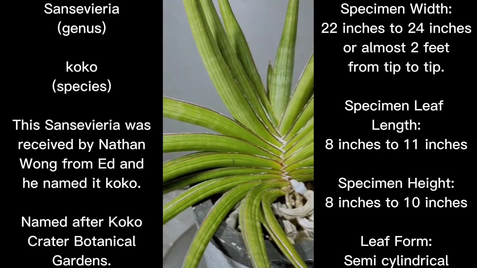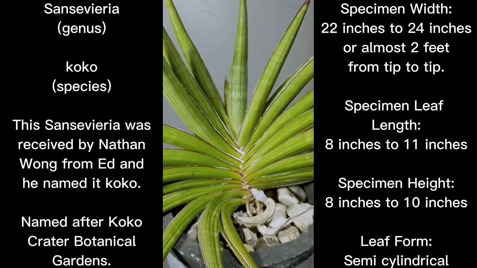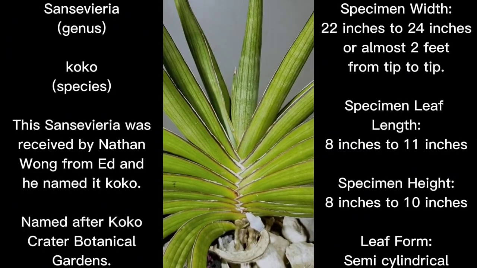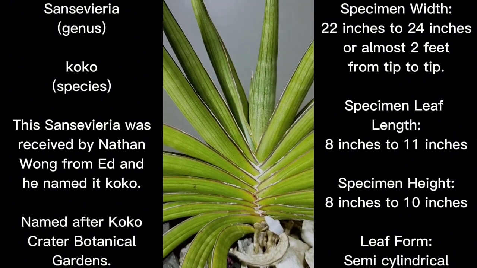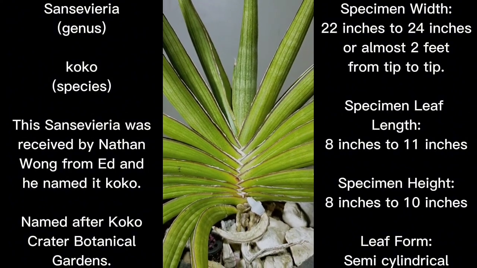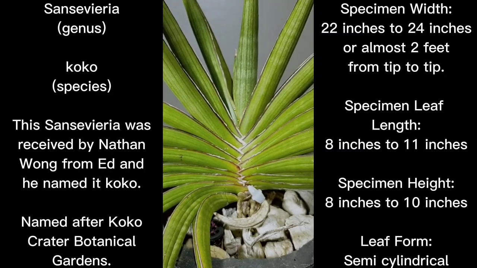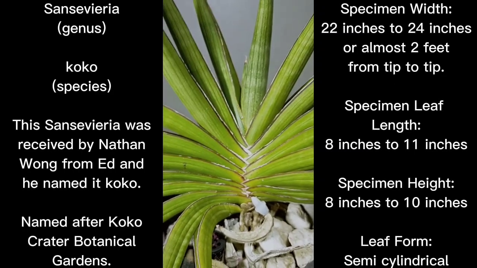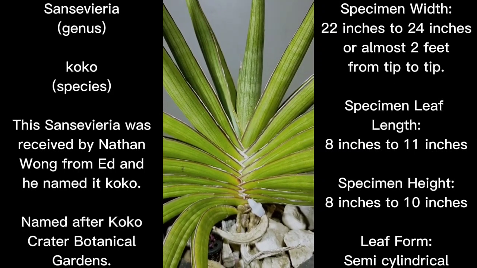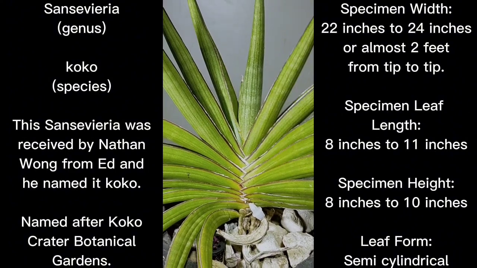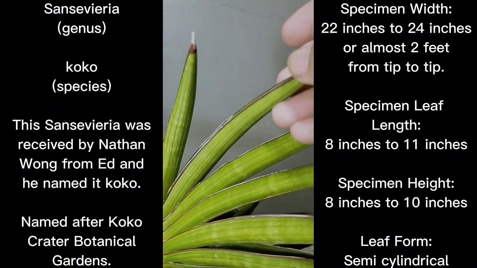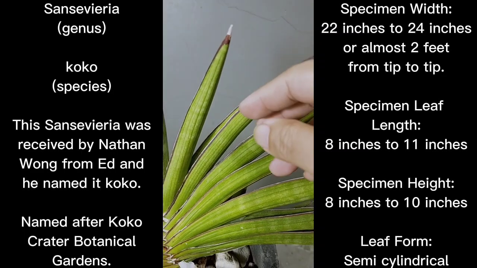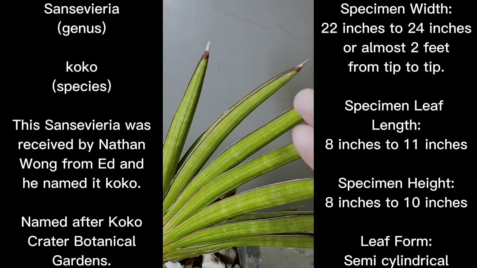I actually can measure it, but I don't think I have the caliper with me right now, so perhaps I'll be putting in that data on the comment section or the description for this content.